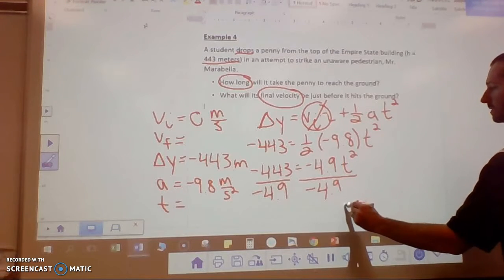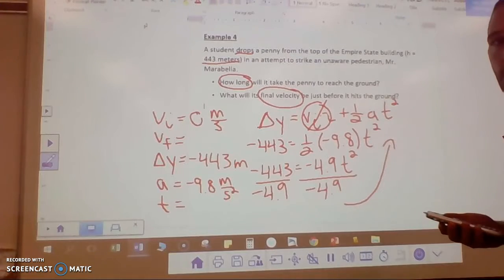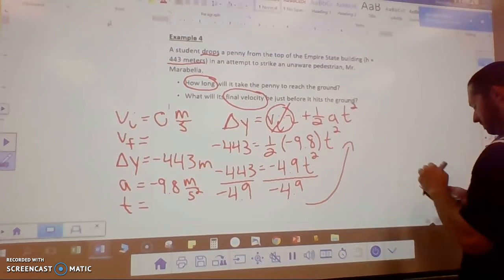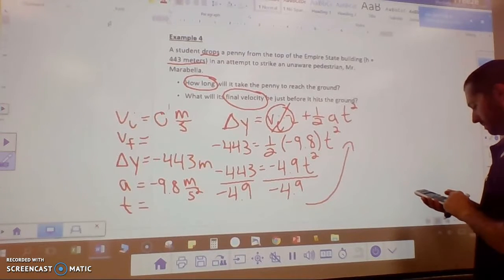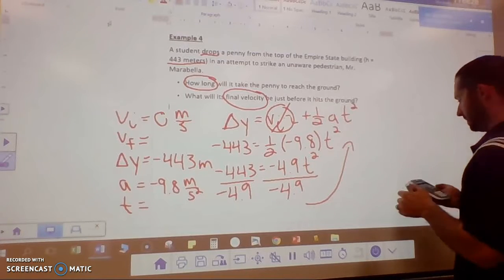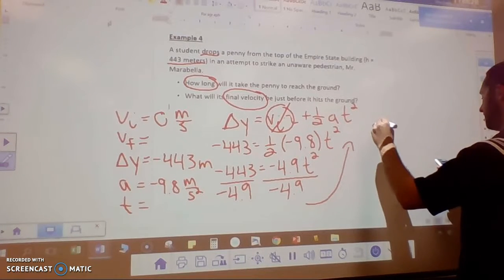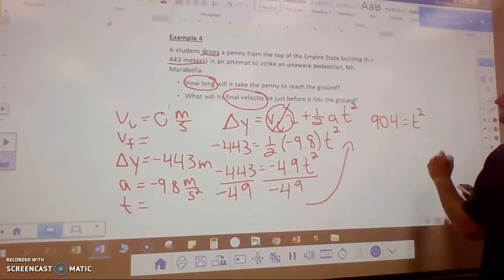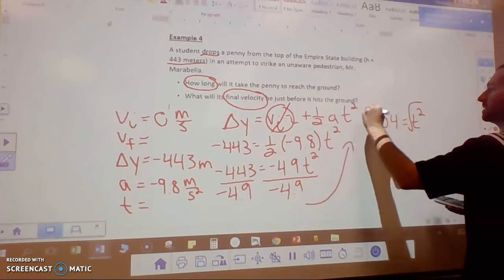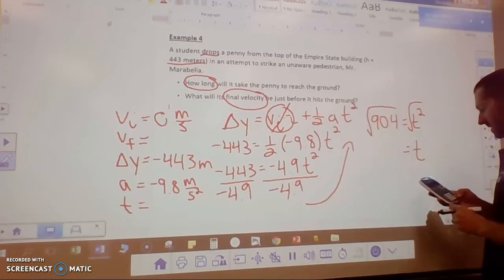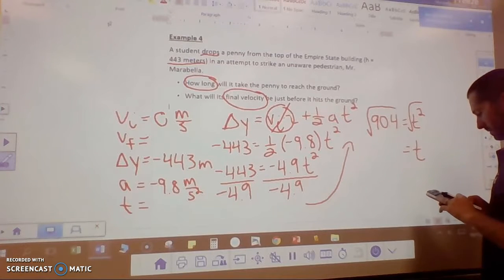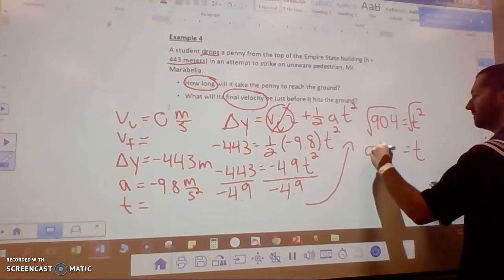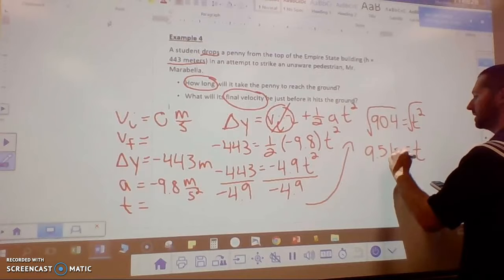Negative 443 divided by negative 4.9 is 90.4 equals t squared. And to finish off, we're going to take the square root of both sides. So the time that it takes for the object to fall is 9.51 seconds.